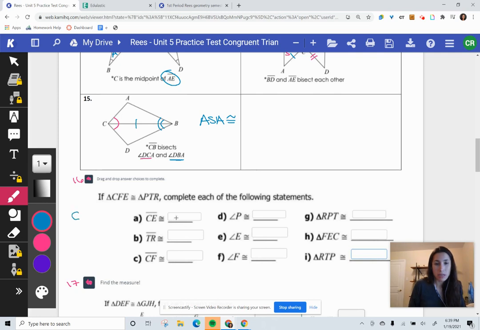So that means C should match up with angle P, F should match up with angle T, and E should match up with R. So anytime we're using the letter C, we want to replace it with the letter P. So if you look, for example, here we've got CE, so I'm going to replace C with P. And we're replacing E with R, so PR. Or you can also look kind of at the order that the letters are placed in. And then we've got TR, middle letter, last letter, that's going to be FE.